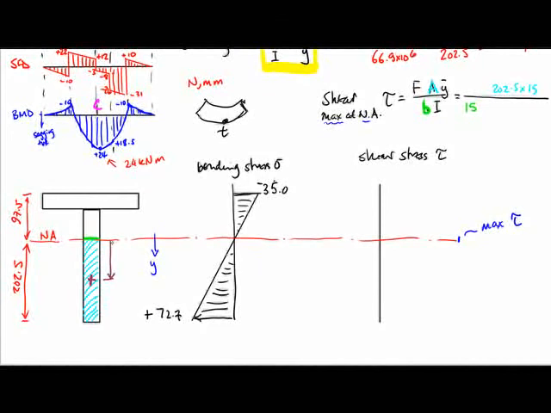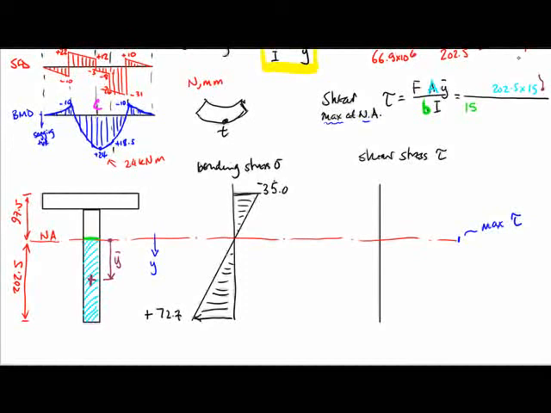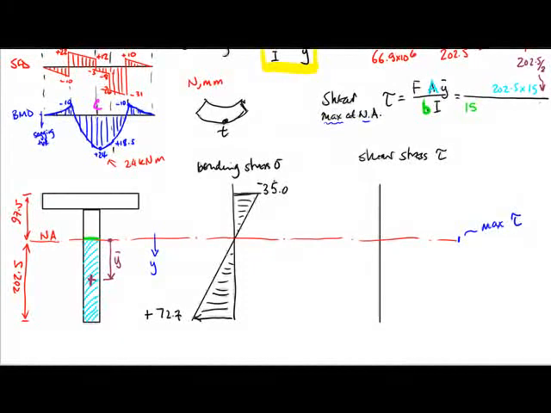So y bar is the distance from the neutral axis to that centroid. So it's actually in this case half of 202.5, so it is 202.5 divided by 2. Okay, so that goes there. I don't have the space to insert it, but that's what it is.